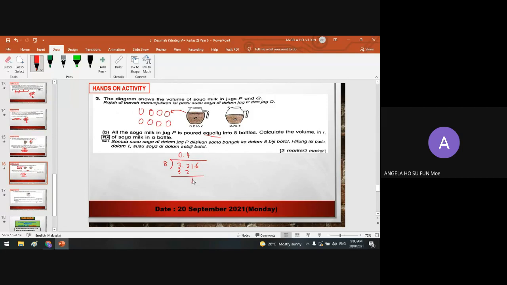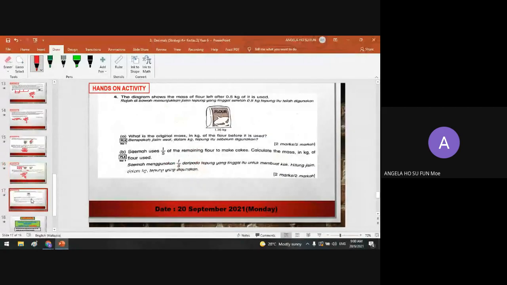Bring the 1 down. 1 cannot divide by 8, so put 0. Then bring the 6 down, becomes 16. 8 times 2 is 16. So 1 bottle contains 0.402 liter of soya milk.